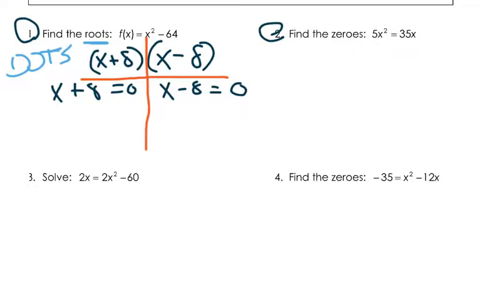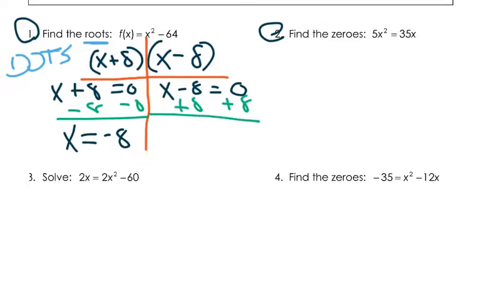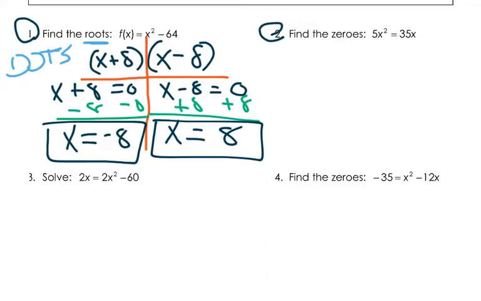Inverse operation: on the left, I'm going to subtract 8 from both sides, and I would have x is equal to negative 8. Over here, I would add 8 to both sides, and I get x is equal to 8. So these would be my roots.